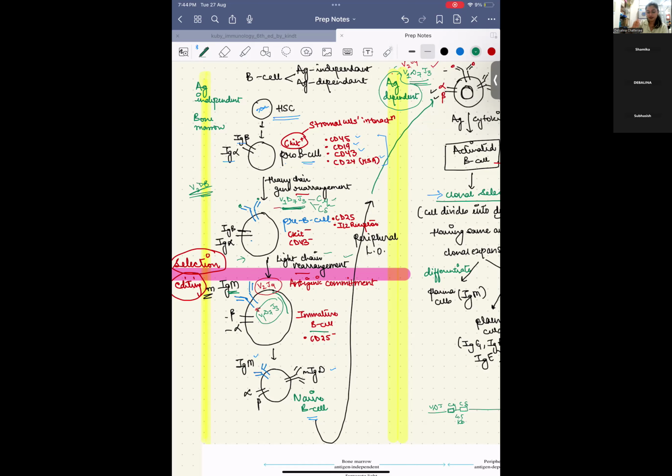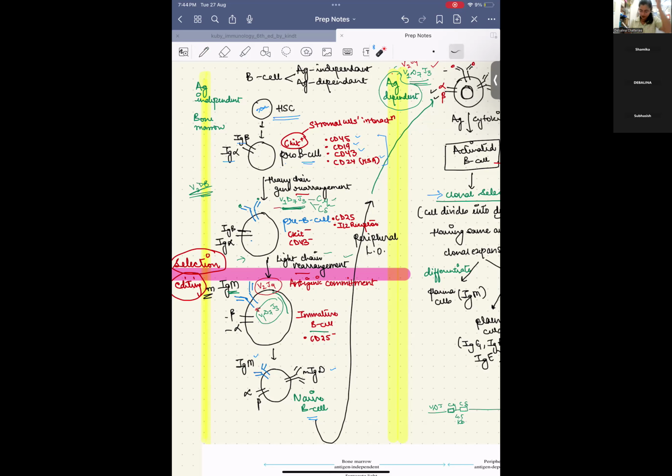That definition has already happened because whatever recombination had to take place, it has already taken place. These two molecules have come together, and at this point, this immature B cell is called antigenically committed. Is it clear so far?